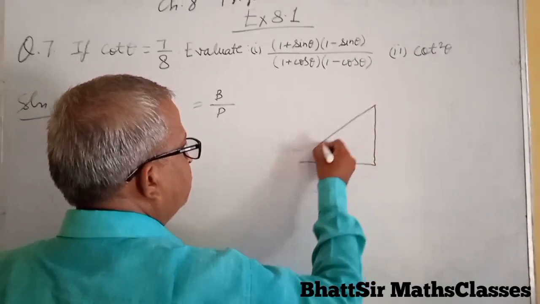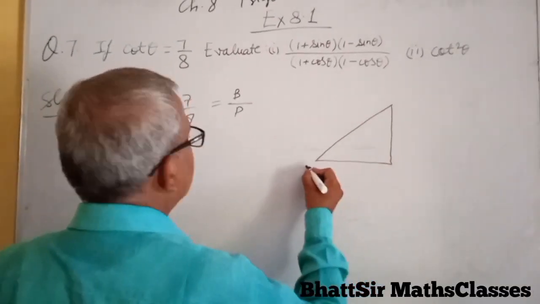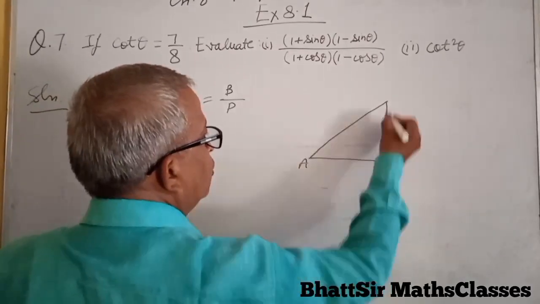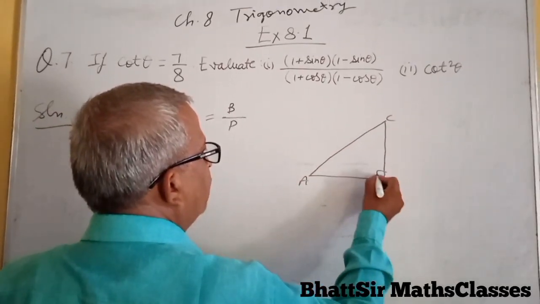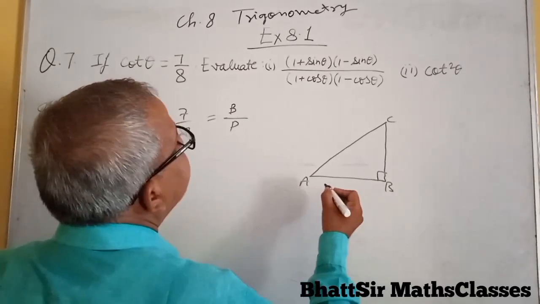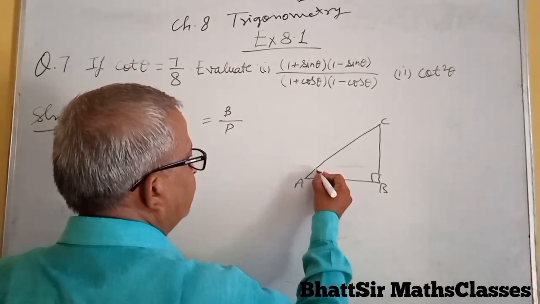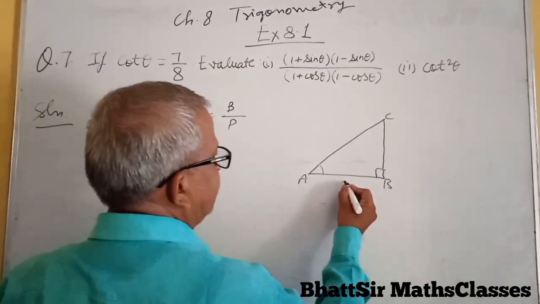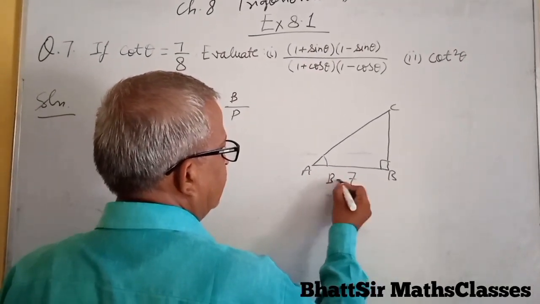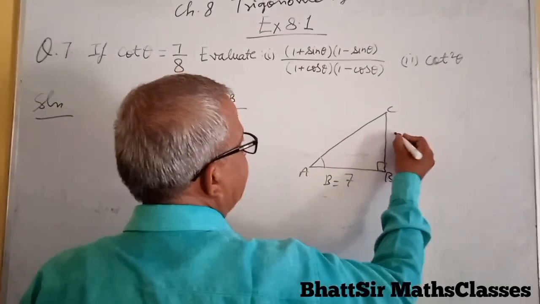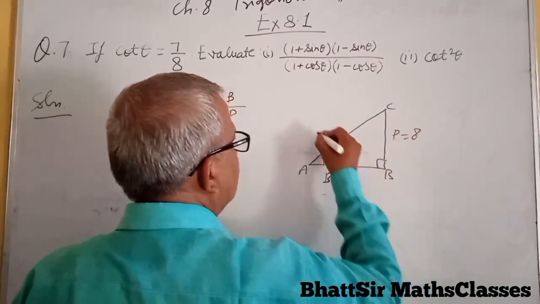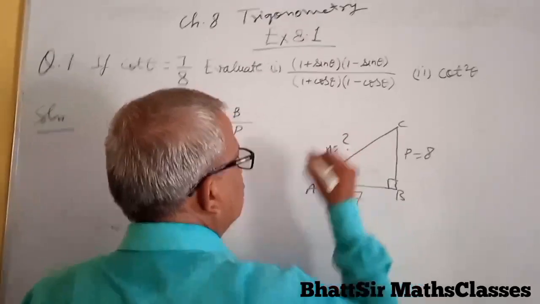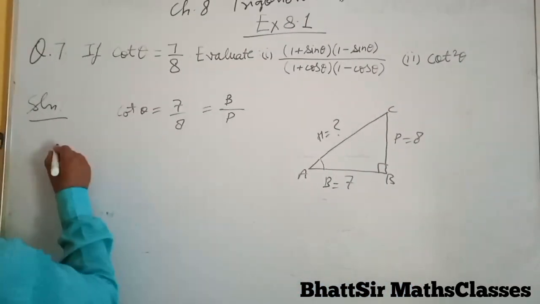With the help of the triangle, you find the value of sin theta and cos theta. It means base is 7 and perpendicular is 8. Hypotenuse is the question mark.